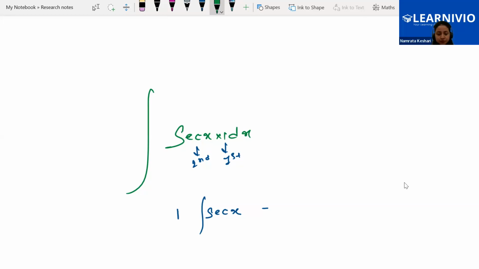It is either sine inverse or cos. Just a second.